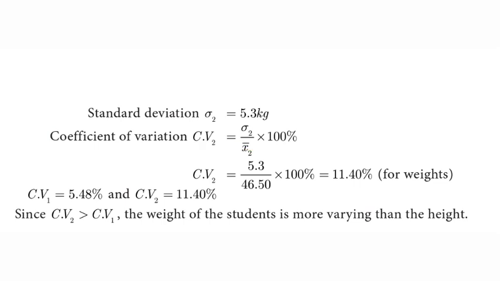Therefore CV2 equals 5.3 divided by 46.50, that is x2 bar, into 100. 5.3 divided by 46.5 gives the answer 0.1139, which rounds to 0.1140.